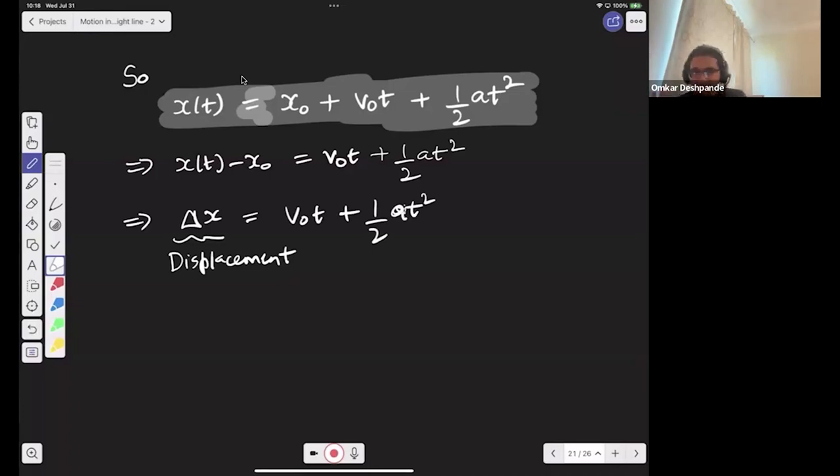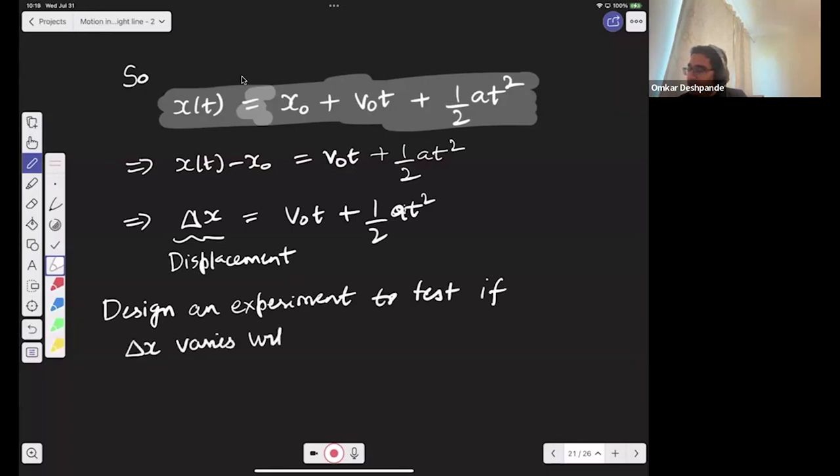Now, here is how we could think of a simple experiment. Design an experiment to test if delta x varies with t in this way. What would a simple experiment look like? Well, choose an experiment where your initial velocity is 0. So v0t is anyway wiped out, right?